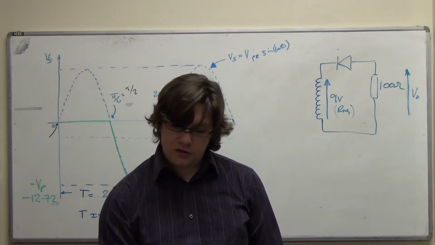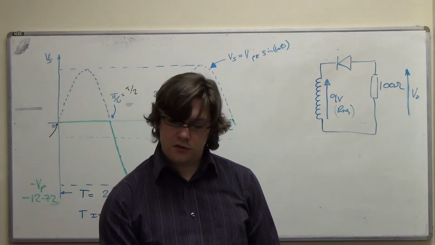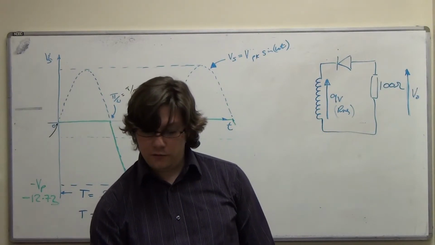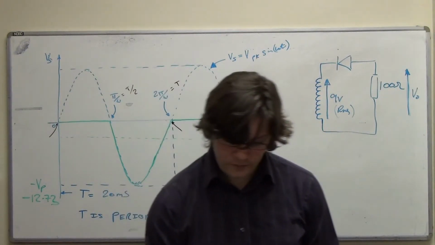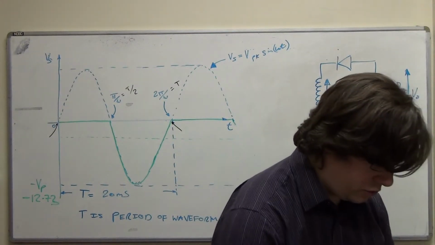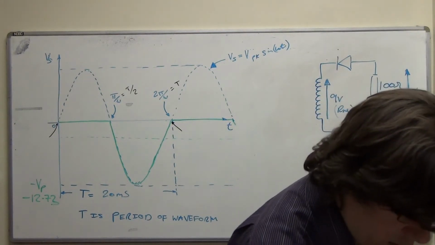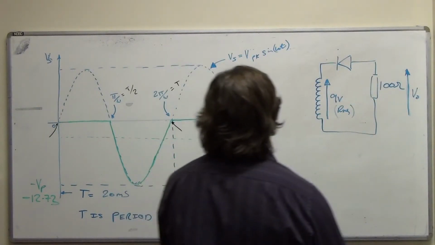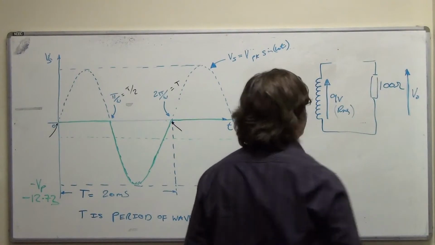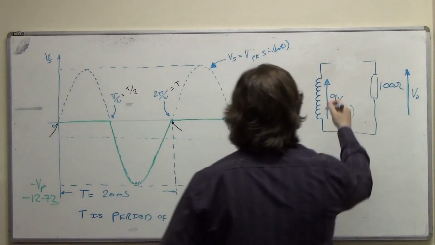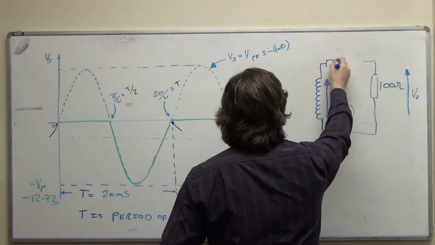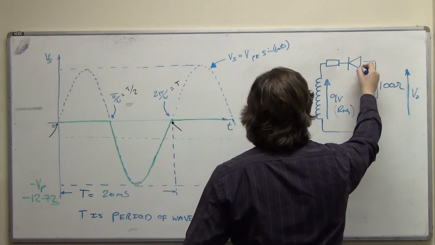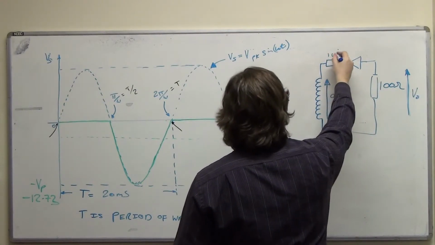The next part of the question says, if the transformer has a total effective resistance of 10 ohms in series with its secondary winding, what is the new peak value of V0? Okay, well, let's draw the circuit again, but this time with the extra resistance attached. So the diode has to budge up a bit because we've got a resistor in there, and then the diode, and this is 10 ohms.